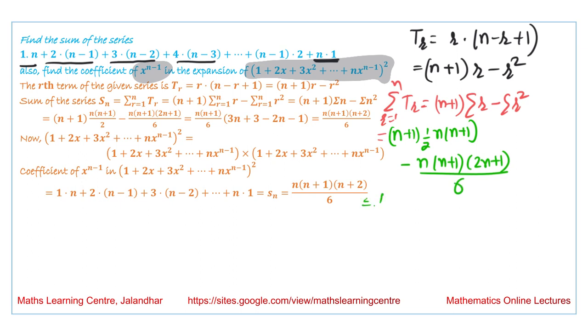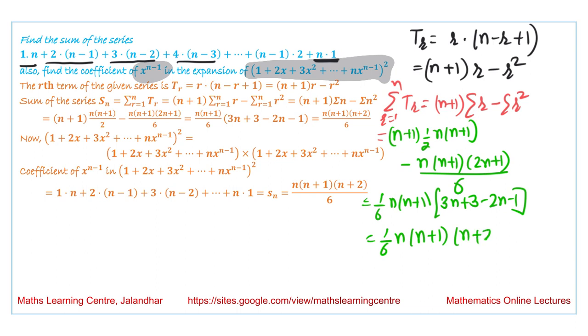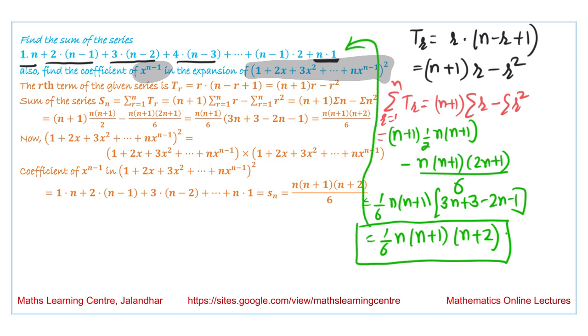This gives us 1 by 6 n into n plus 1 common. We are left with 3n plus 3 minus 2n minus 1. We get 1 by 6 n into n plus 1 into n plus 2. So this is the sum of the n terms of this series.